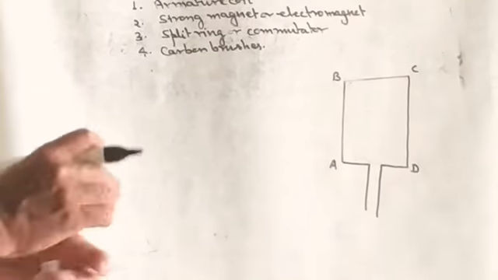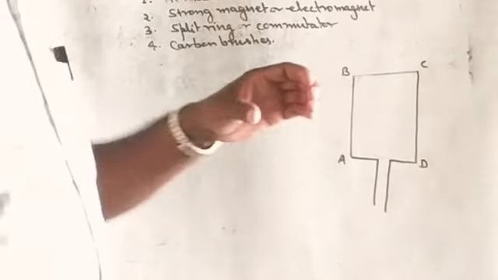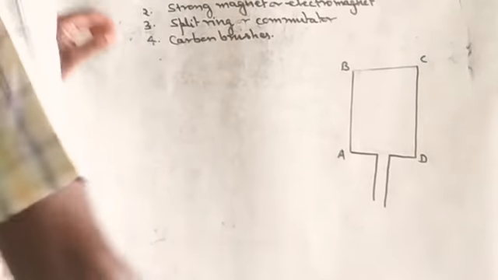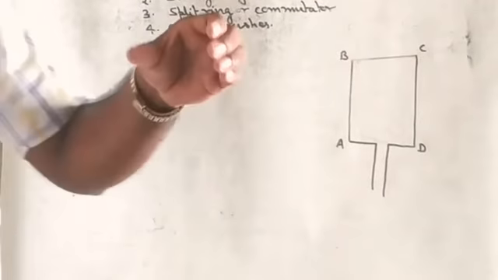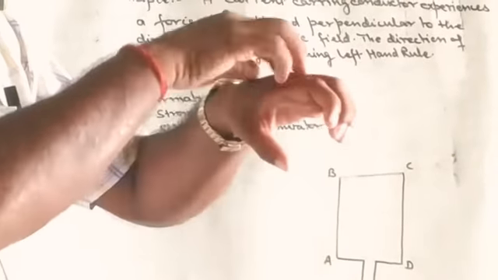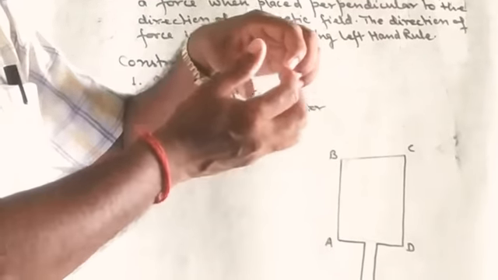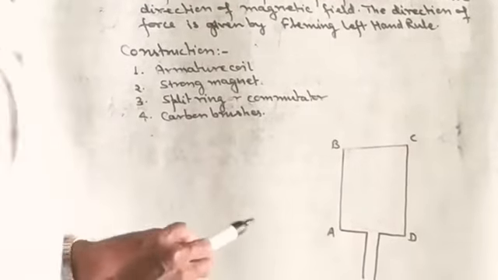Strong magnets. Suppose I take a strong horseshoe magnet, like this. Then I will represent only this pole and this pole here, as I cannot represent the rest of it.